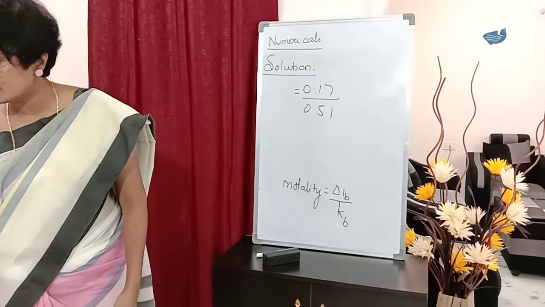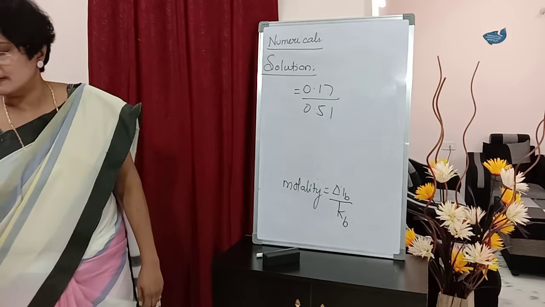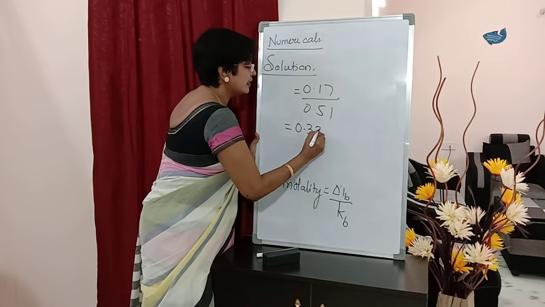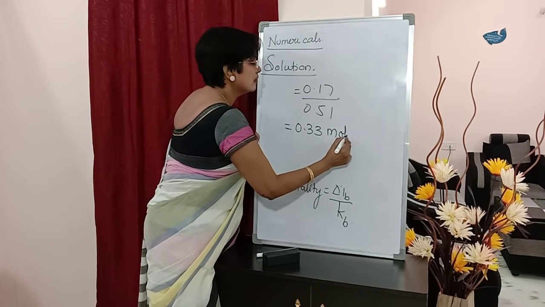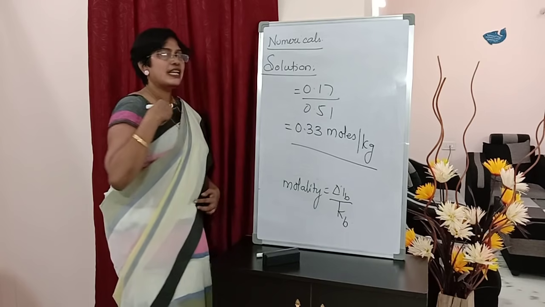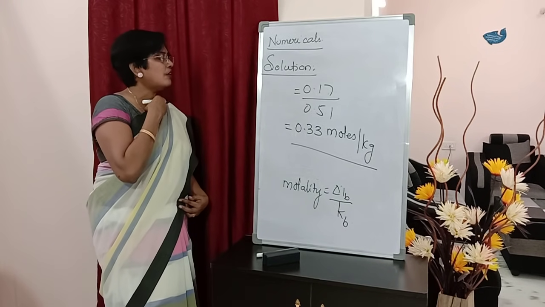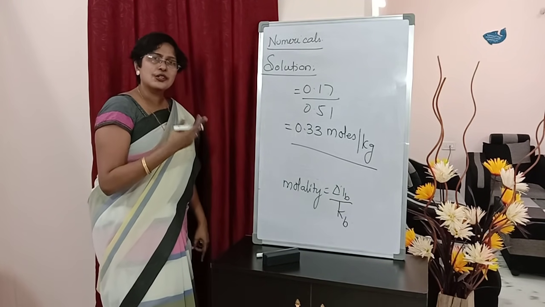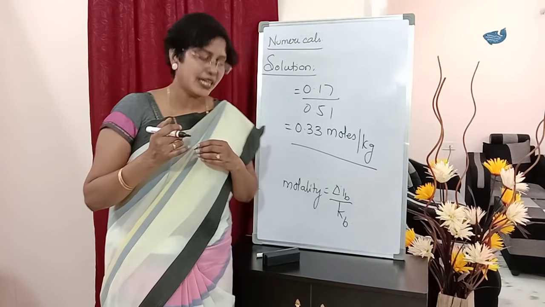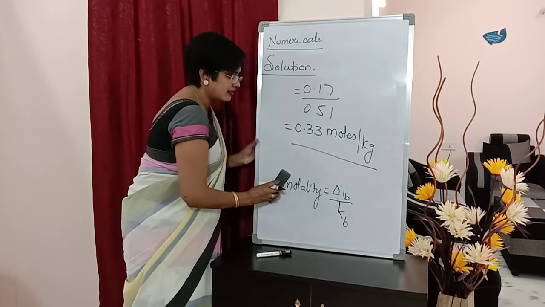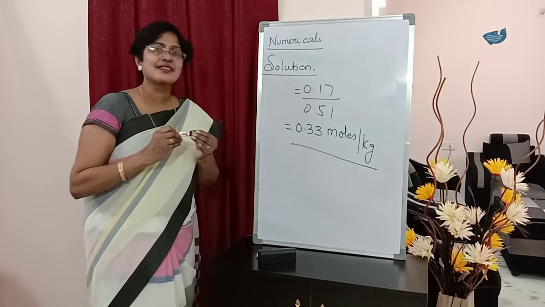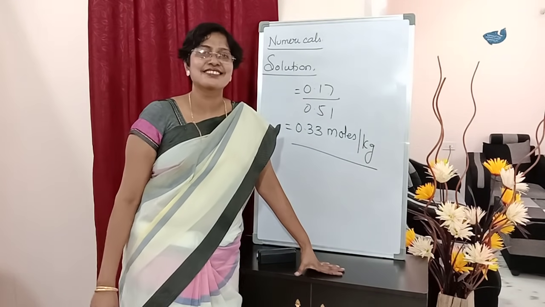How much is the value, students? 0.33 moles per kg. Molality is nothing but number of moles of the solute per kg solvent. So, units you will write the same, moles per kg. See how simple it is. If you get problems like this in the exam, how lucky we are now.